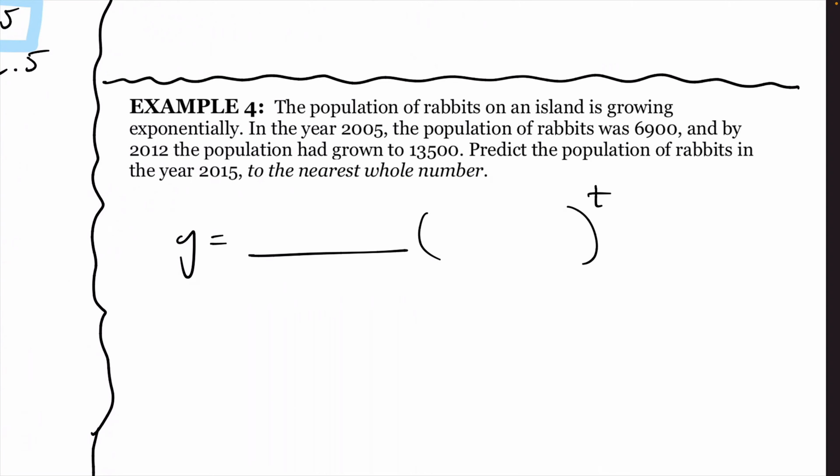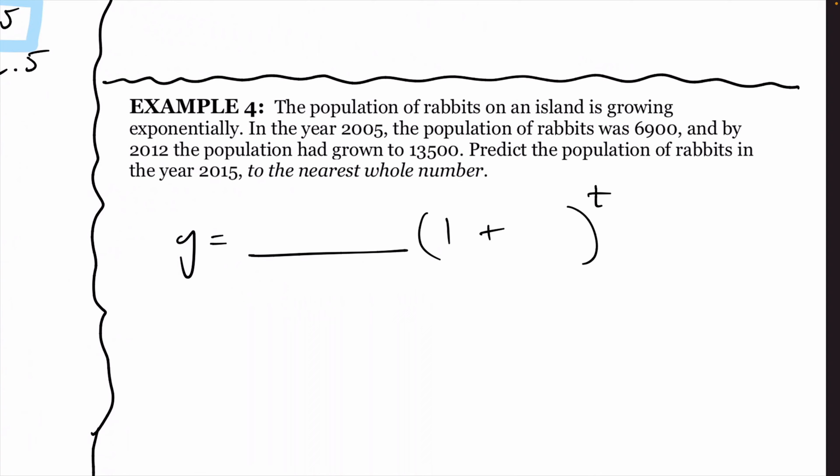What do you know about the question? Well, first of all, is it growth or is it decay? It's growth, right? There are more and more and more rabbits. The rabbits are growing. They started at 6,900 and then they went up to 13,500. So it's growth. So 1 plus.